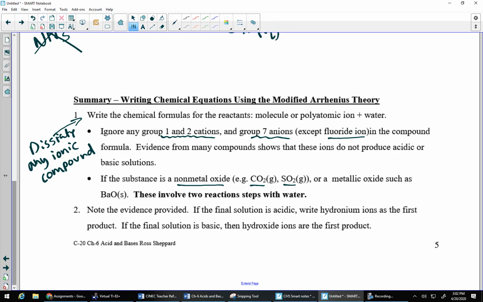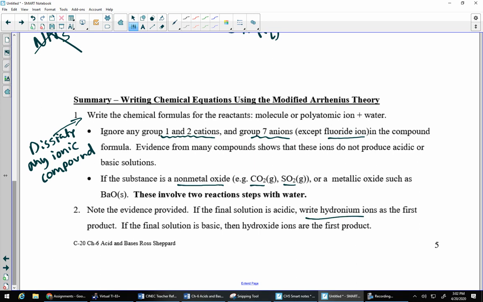Or even if it's a metallic oxide, like BaO, they're going to involve 2 steps where they react with water. And I'll show you all this in a second here. So we want to note the evidence provided. Oftentimes it's going to tell us this one's going to make an acid, this one's going to make a base. If it tells you that, just write out, if it makes an acid, one of your products is going to be hydronium ion.